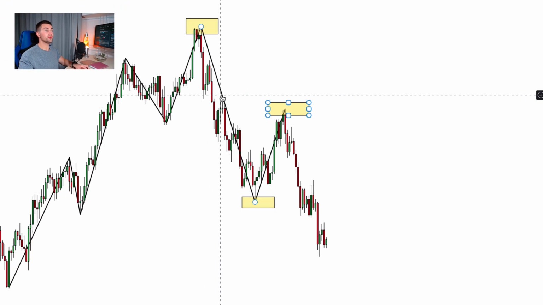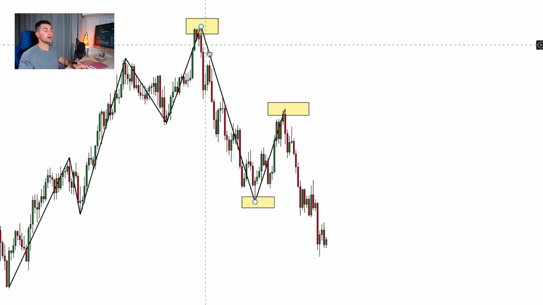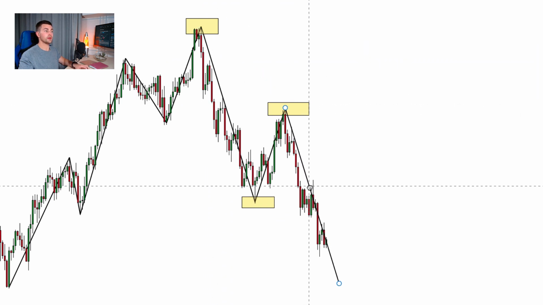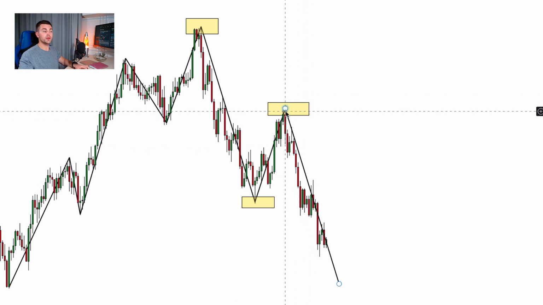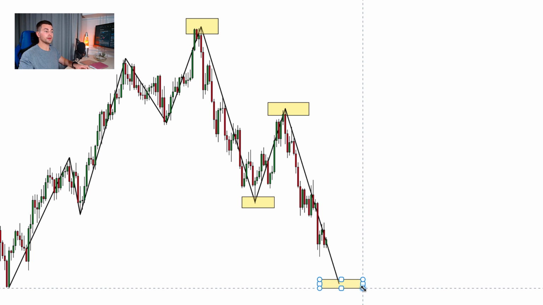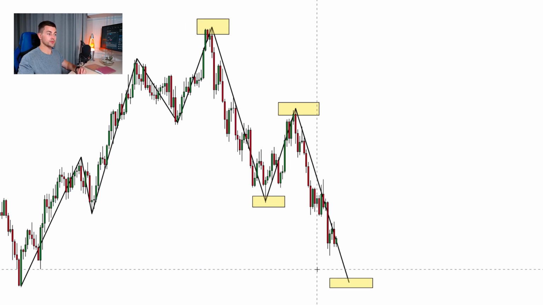To make the projection, we simply copy and paste the initial bearish impulse, and we paste that to the completion point of the retracement leg. Then we simply underline the completion point of the projection of this bearish impulse.